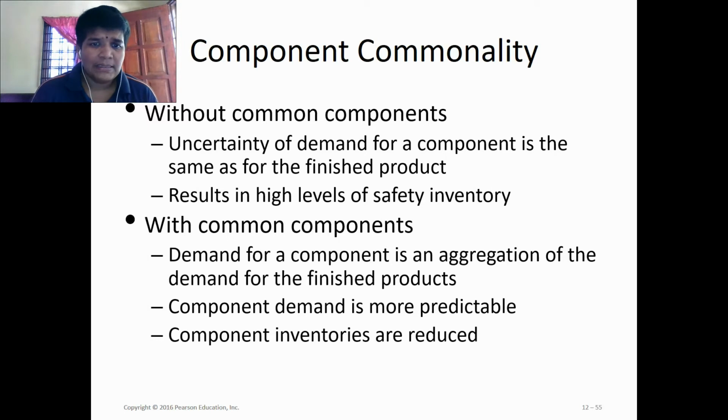With a common component, the demand for the component is an aggregation of the demand for the finished products. Component demand is more predictable, so it can be easily predicted. Then component inventory can be reduced, because I can predict. When I can do the prediction, it is easy for me to reduce my inventory cost.